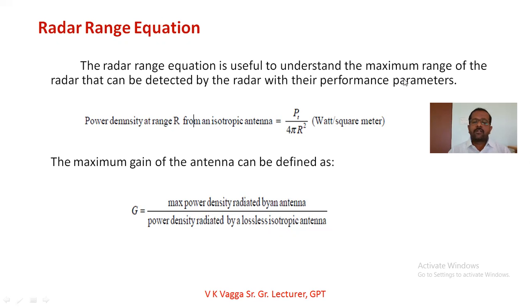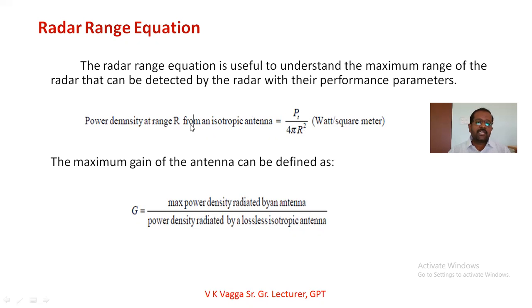Okay, I think you already know about the parameters here. The equation of the radar has been implemented based on its performance parameters only. So the power density at the range R from an isotropic antenna is given by PT divided by 4 pi R square, represented in watt per square meter.